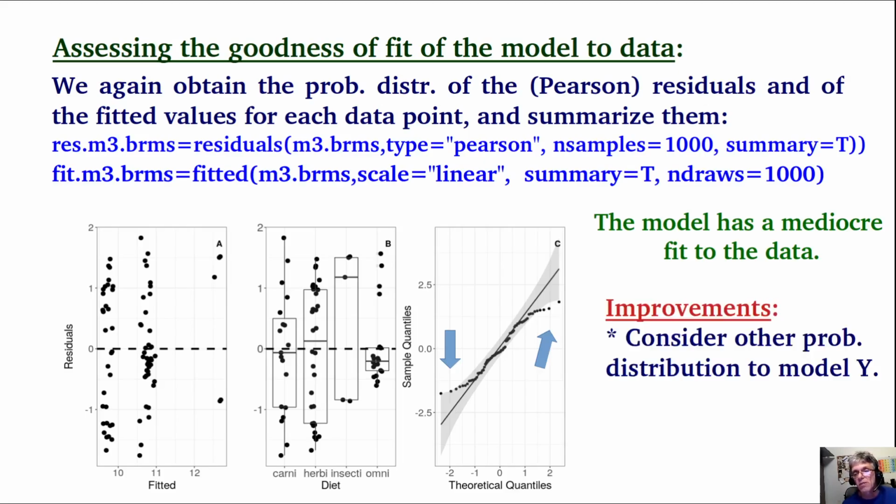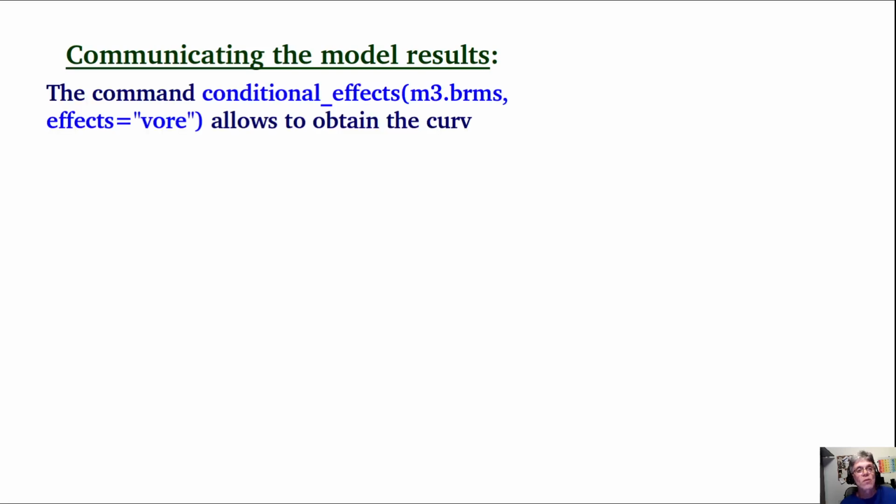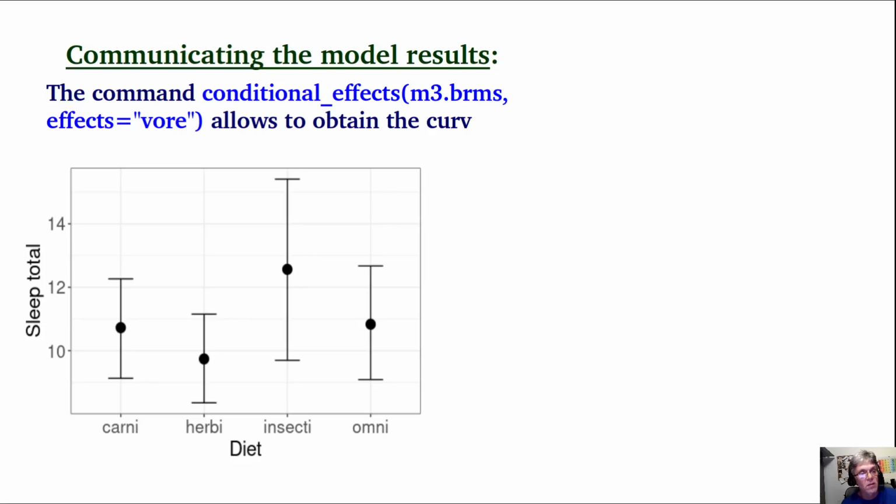Improvements again would be considering another probability distribution to model the response variable, and if possible adding another explanatory variable to it. To communicate the results, we use the conditional effects command that allows us to obtain the following curve, which contains the means of the posterior distributions for each of these diets and the 95% credible intervals.